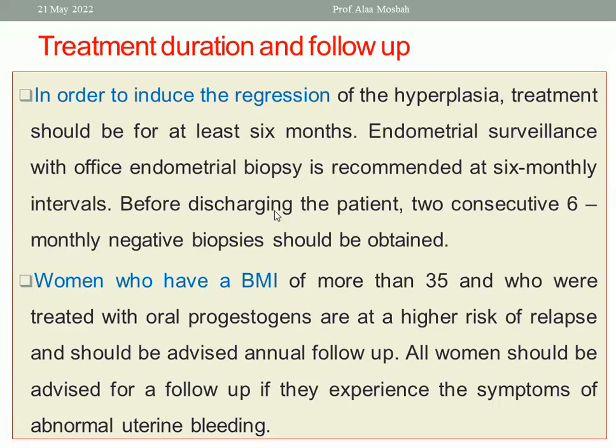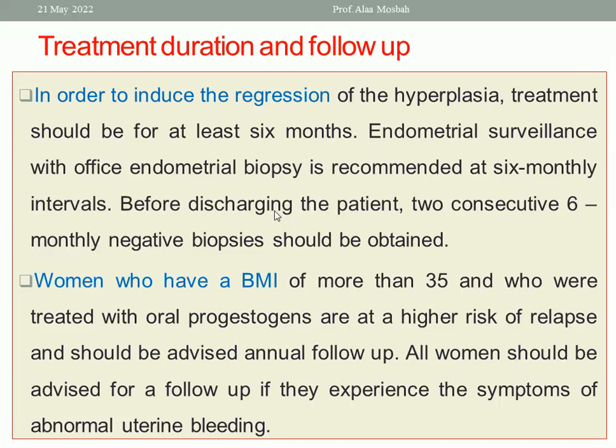What about if the woman has a body mass index more than 35? Is it dangerous? Yes. Overweight or obesity, the fat is a source of estrogen. As all of us know, androstenedione is changed into estradiol, and that's why obesity is a risk factor for endometrial hyperplasia.